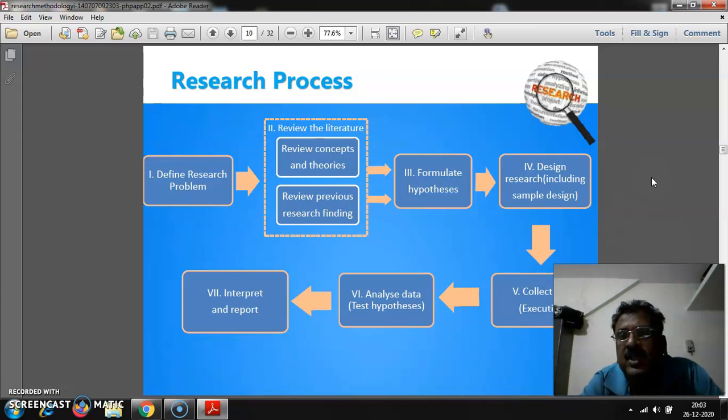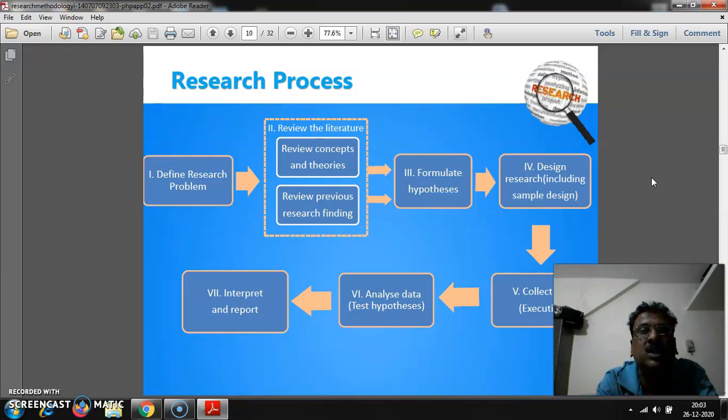Fourth is research design, including sample design. Fifth is collection of data, either primary data or secondary data. Sixth is analysis of data, that is testing the hypothesis. Seventh is interpretation of data and reporting the data to the concerned authority. So there are 7 main steps included in the research process.